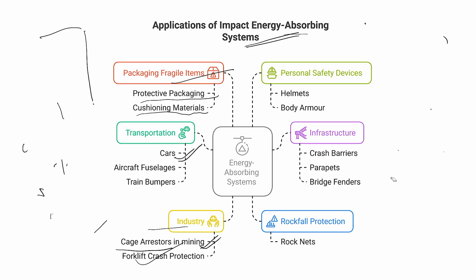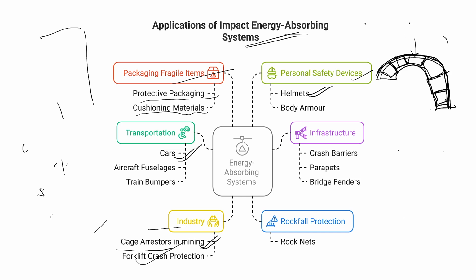Continuing ahead, personal safety devices, helmets are well known. In this helmet, if we cut open the cross section, we will see different types of cushioning materials. This cushioning is made of two different layers. One will be a hard layer, a ceramic type of layer, and the other layer will be made of a soft material, maybe PU foam or other materials.